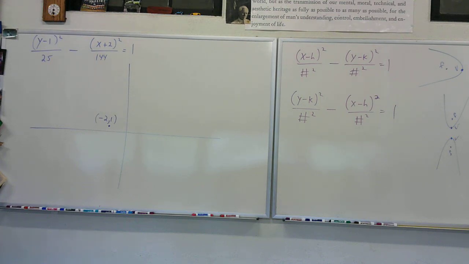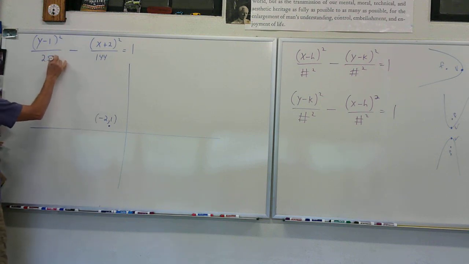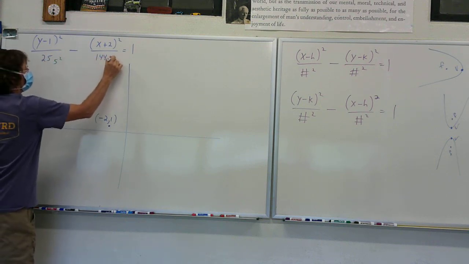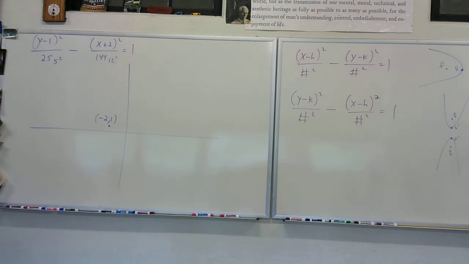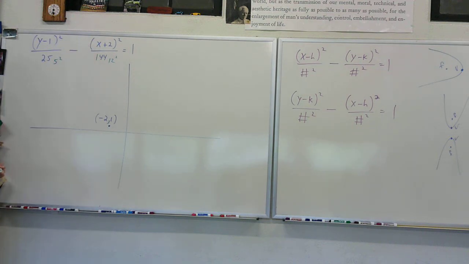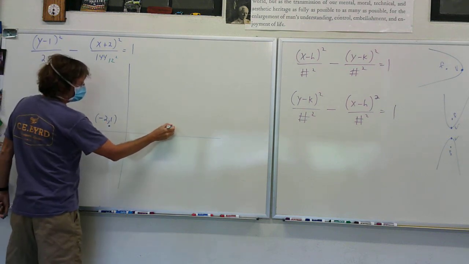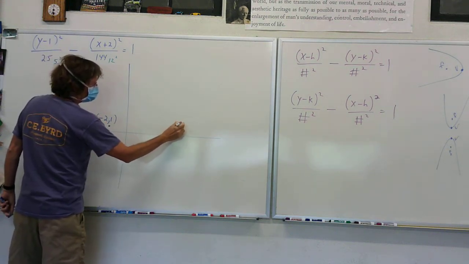Then, one of the things you should be thinking of is 5 squared and what? 12 squared. We're going to count 12 in the x direction because the 12 is under the what? X. So we're going to count 12 to the right. It's going to put us at 10, 1.